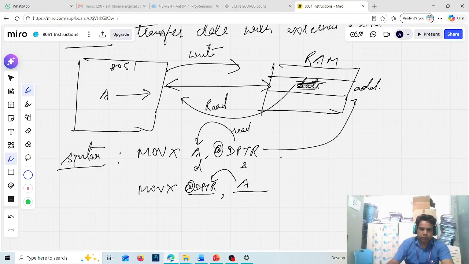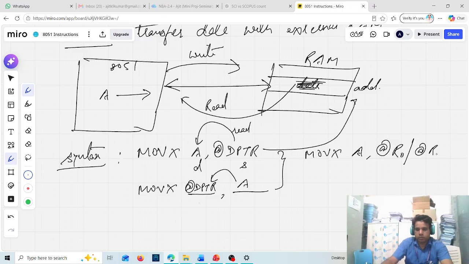Here we also use another form. Besides @DPTR, you can also use @R0 and @R1, that is MOVX A, @R0 or @R1.